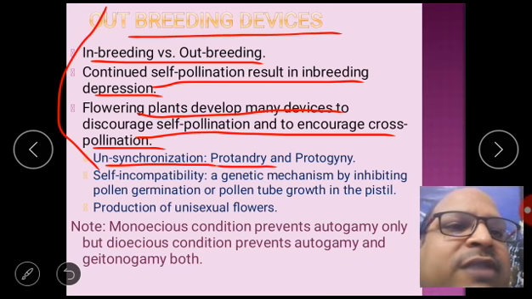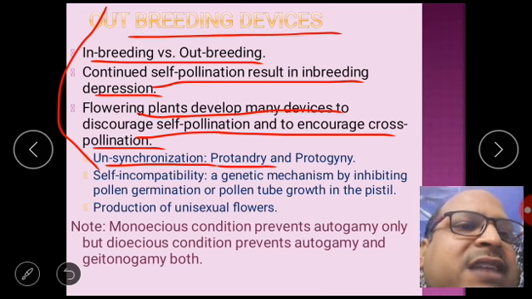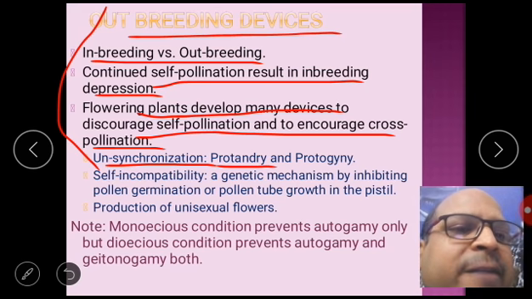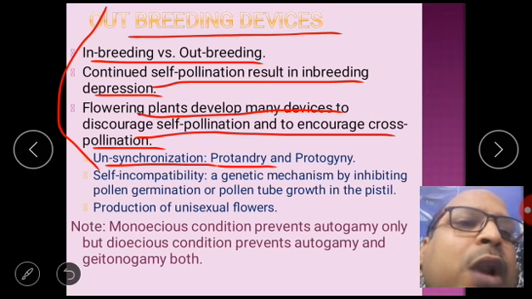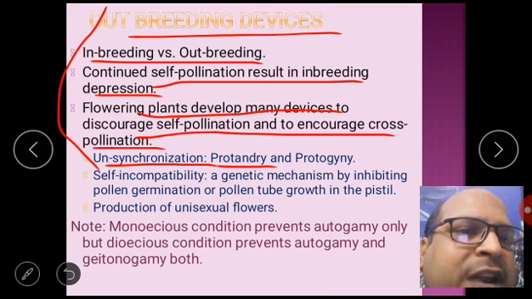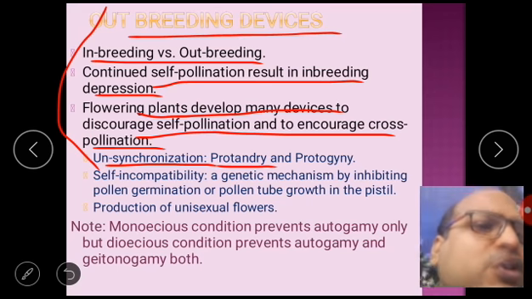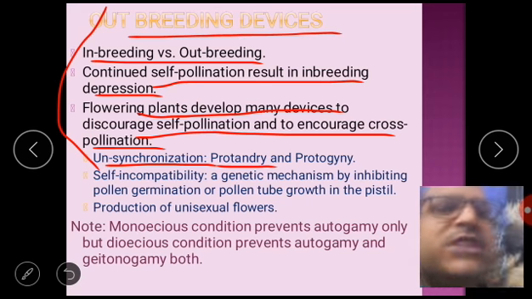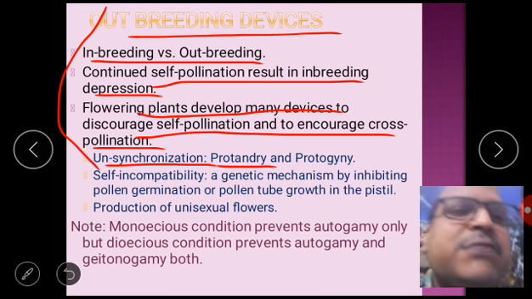This condition is known as protandry. Here pro means before, and andry means androecium. That means the androecium matures before the carpel, before the ovary. The stylostigma of the ovary is not matured, and the androecium is matured. So this condition is known as protandry.